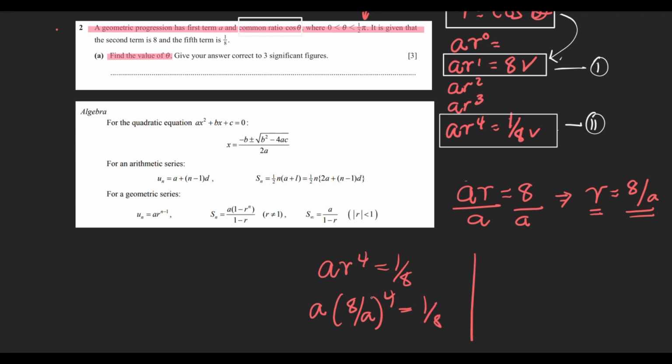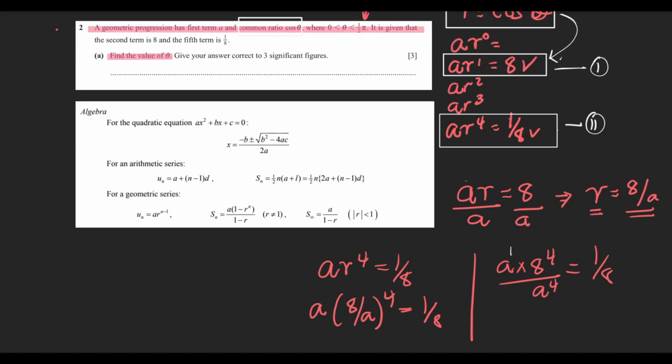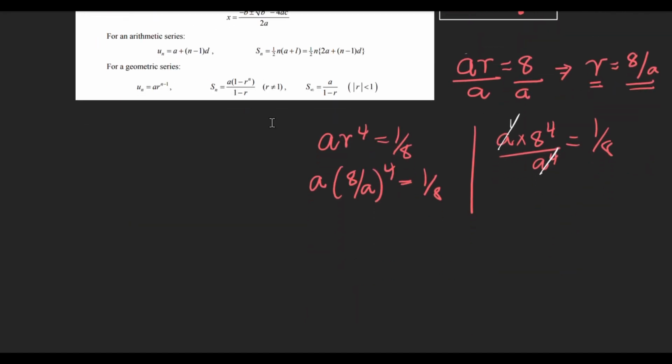This gives A times 8 to power 4 all over A to power 4 is equal to 1 over 8. Now you can see that one A from the top will cancel with one A from the bottom. I end up with 8 to power 4 over A to power 3 is equal to 1 over 8.